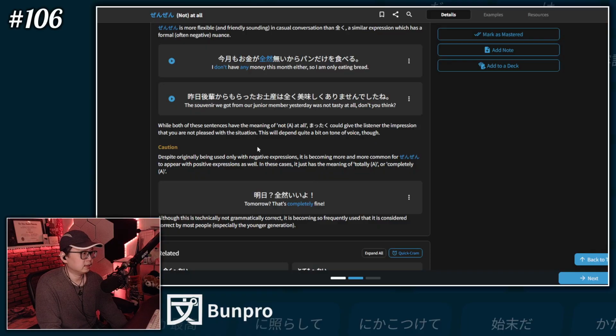While both of these sentences have the meaning of not at all, mataku will give the listener the impression that you are not pleased with the situation. This will depend quite a bit on the tone of voice, though. That's fair.